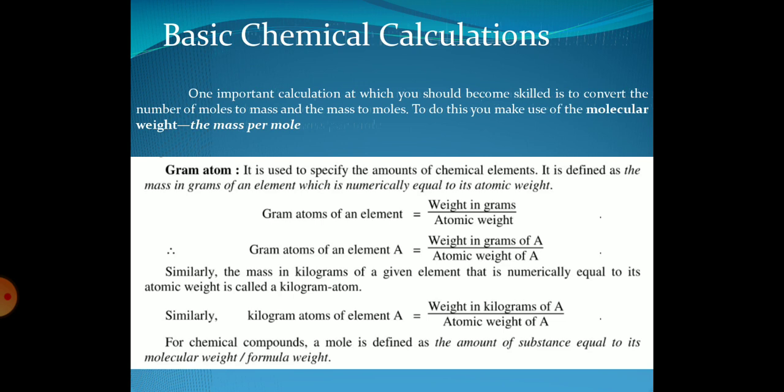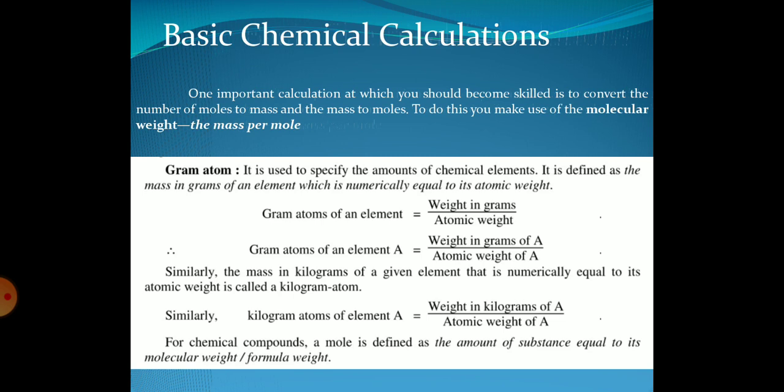So, kilogram atoms of element A will be equal to weight in kilograms of A divided by atomic weight of A. For the same case, if we consider 23 kilograms of Na, the kilogram atoms of Na will be 23 kilograms divided by atomic weight of Na, that is 23, which gives 1 kilogram atom.